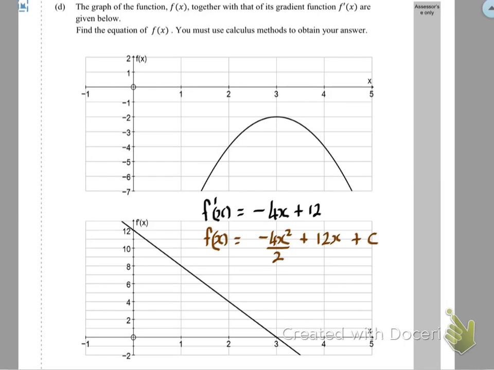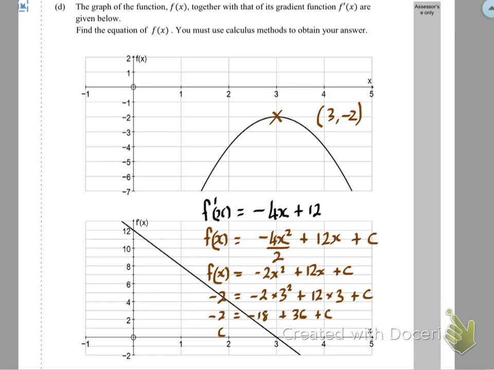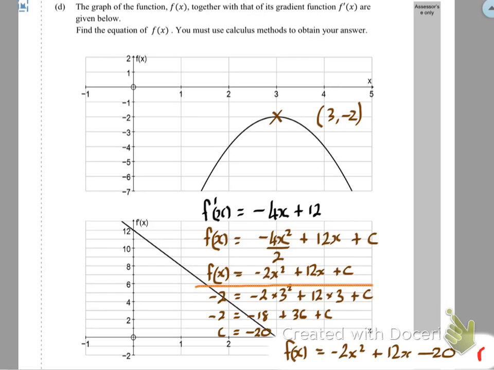Then we're going to tidy it up, and use the turning point of (3, -2) and substitute that into our equation. Tidy that up, and you can work out that c equals -20. All you need to do now is rewrite the equation. Instead of writing c, put -20, and you have merit.